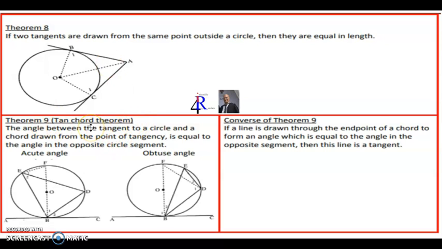Theorem 9. The angle between a tangent and a chord is equal to the angle that the chord subtends. Even on this side, tangent, chord, angle between the tangent and the chord is equal to the angle that the chord subtends.